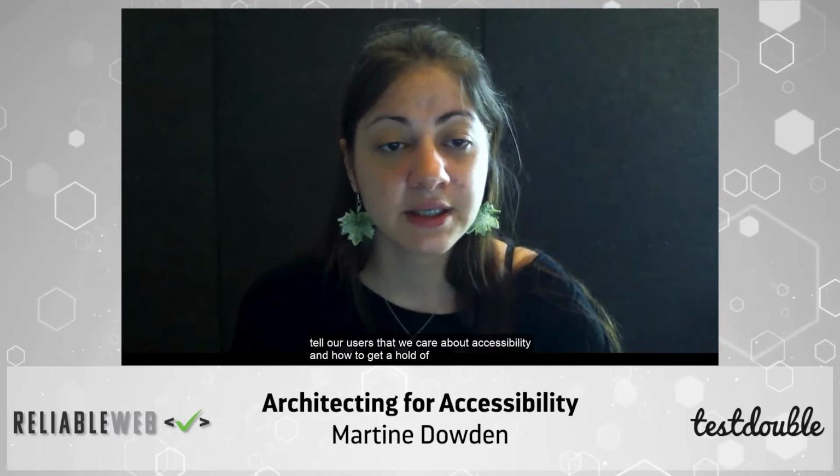At this juncture, we know what specification we will follow and what browsers and devices we're going to use. This is a great time to start working on our accessibility statement. The purpose of an accessibility statement is to tell our users that we care about accessibility and how to get a hold of us with any feedback or questions.